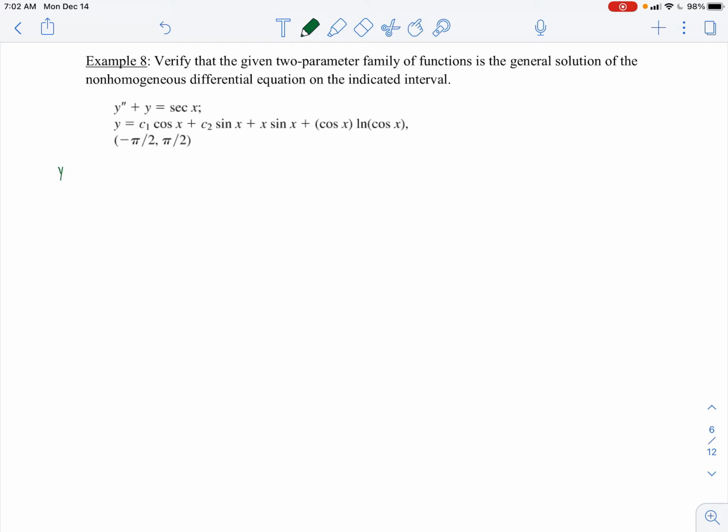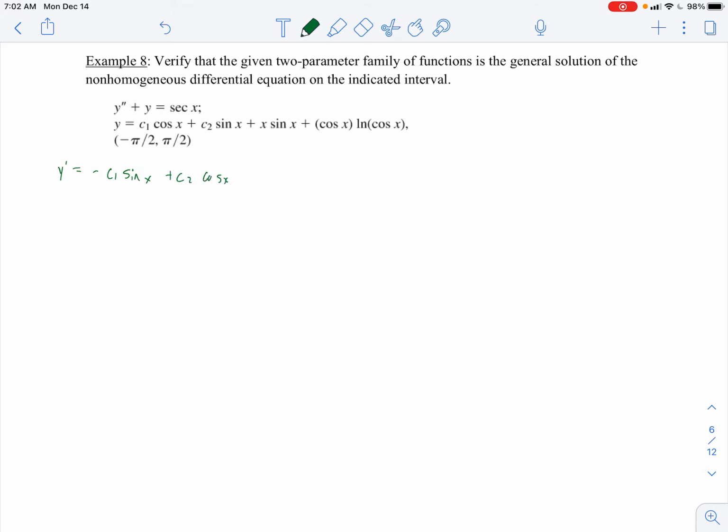Let's find y prime and let's find y double prime. So looking at y prime, just take the derivative of everything. Derivative of c sub 1 cosine of x is going to be negative c sub 1 sine of x. Derivative of c sub 2 sine of x is plus c sub 2 cosine x.